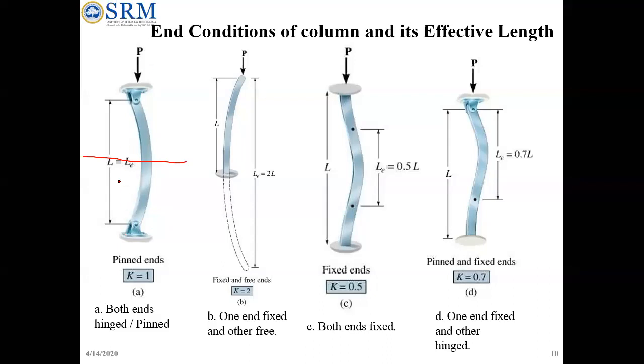If both ends are pinned, then LE is equal to L. If fixed at one end and free at the other end, then LE is 2L; we will discuss why later. If fixed at both ends, then this distance is the effective length, L by 2. And if fixed at one end and pinned at the other end, then the effective length is L by root 2, that is 0.7 L. These are the four values we need to remember.